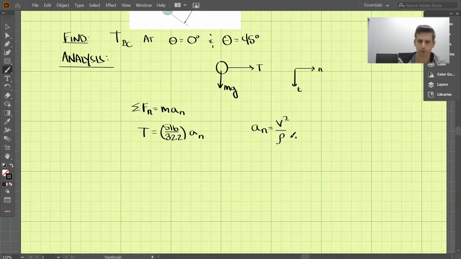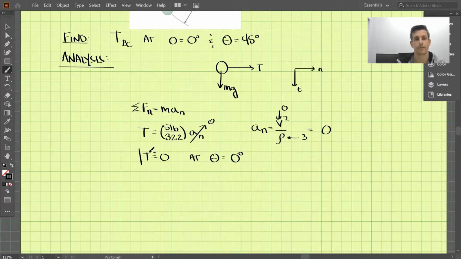We know the radius here is 3, but since it starts out from rest at 0 degrees, the velocity is 0. So the acceleration in the normal direction is 0, and we end up getting that the tension is equal to 0 at theta equal to 0 degrees.